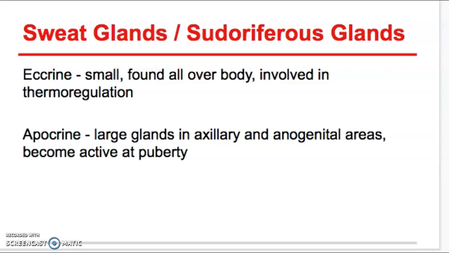With apocrine sweat glands, there's a bit of cellular material that goes with the sweat, and that cellular material is what bacteria can survive off of. That is the reason why the sweat in the armpit region can be a little stinky, because there can be bacterial growth there.